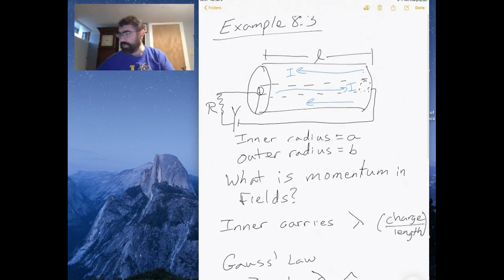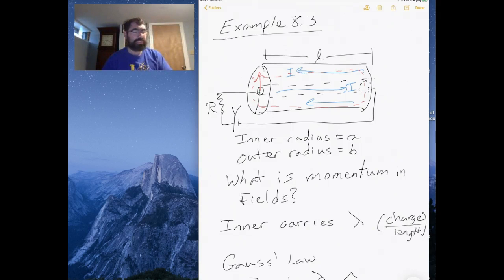Essentially, I built a Gaussian surface over top of this, basically surrounding the inner cylinder by another imaginary cylinder, and the radius s is the distance from the center to the Gaussian surface right here.